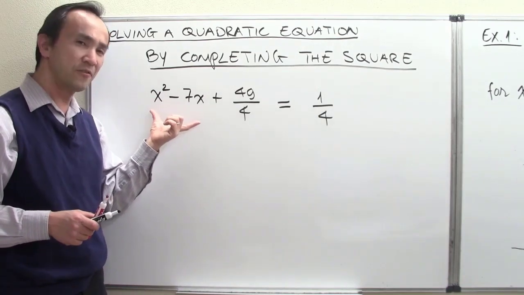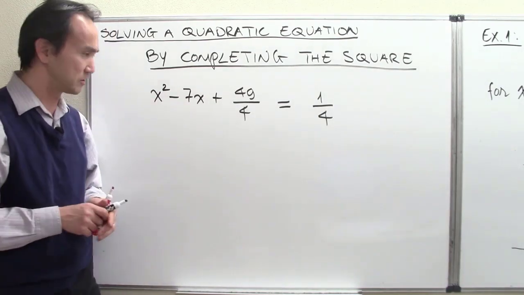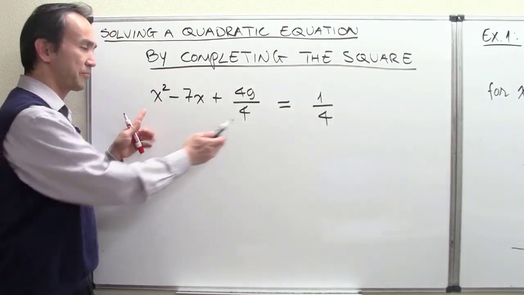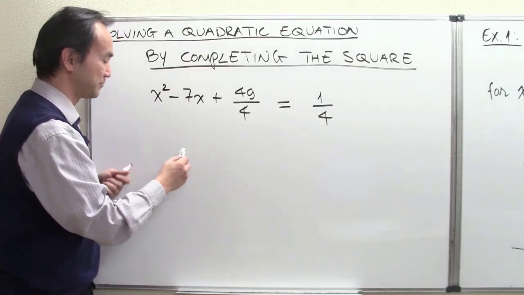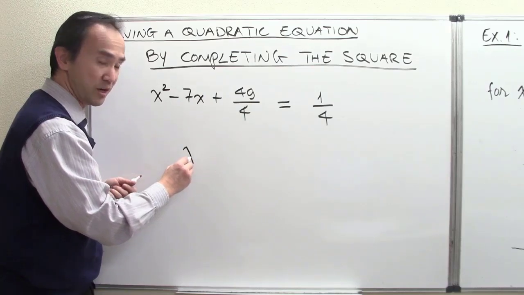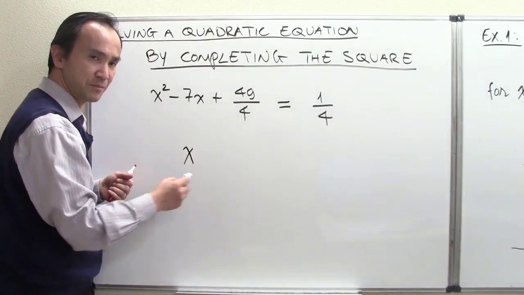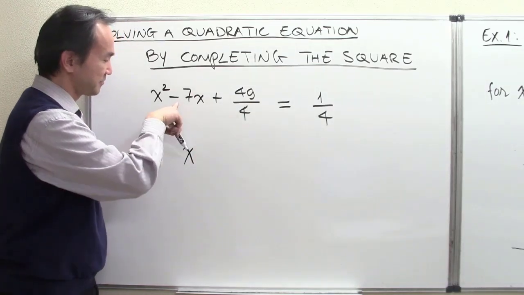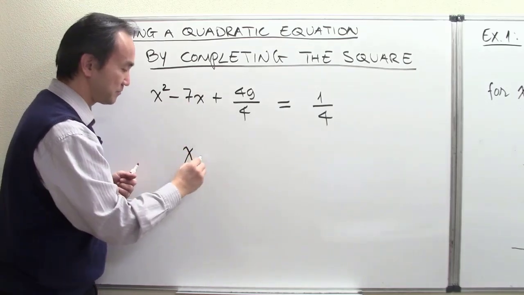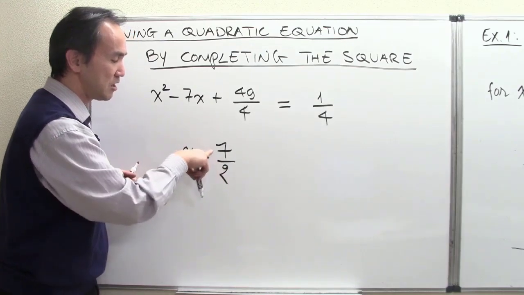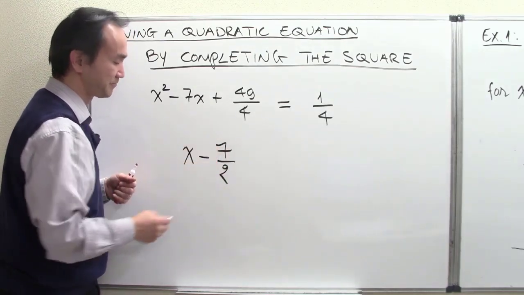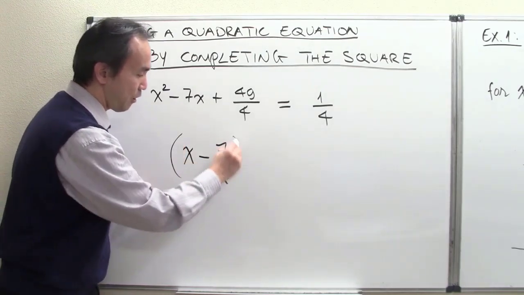But now from that lesson, allow me to just connect with that lesson right here. Then this particular setup from the left hand side now is written as a perfect square: x, the b over 2 that we've had with the minus sign right here, minus 7/2, because the b over 2 is a minus 7/2, all squared.